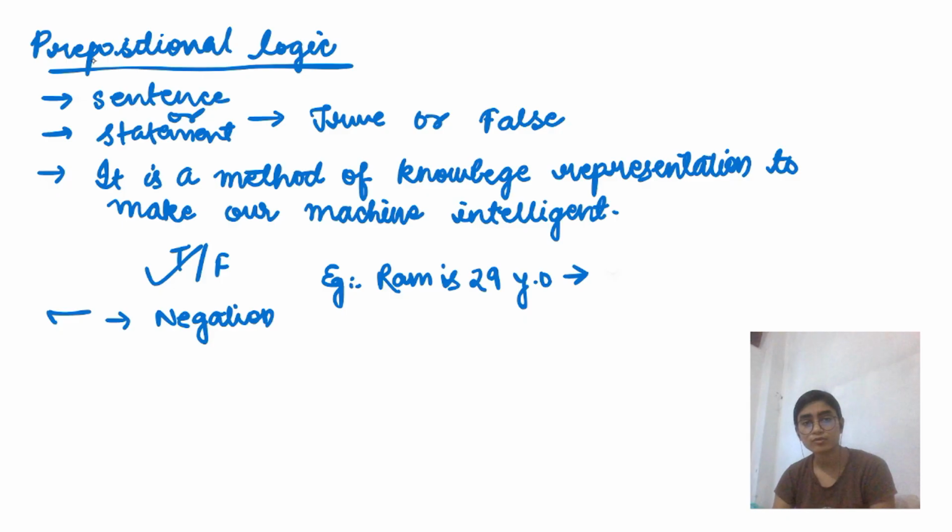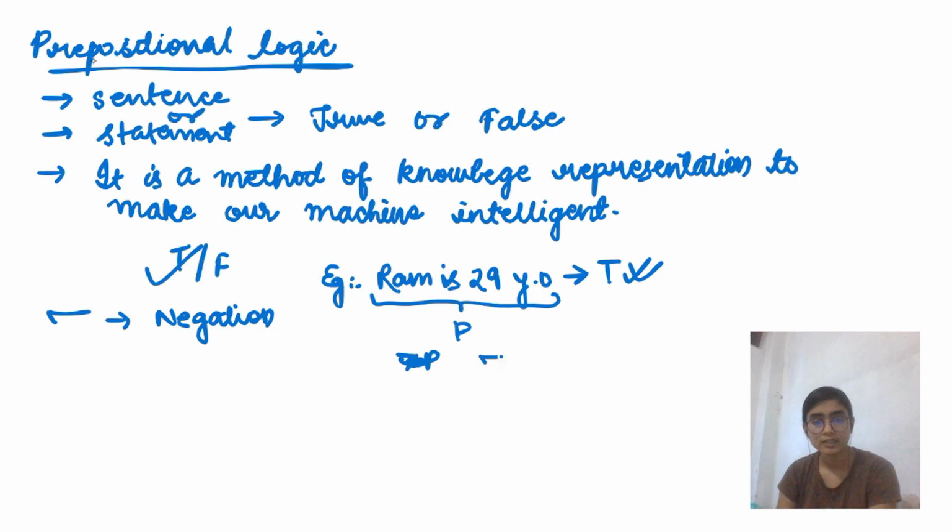So this can be true or false. Let's say it's true. So we will represent this whole sentence with a letter P. If I have to write that Ram is not 29 years old, then we can easily write negation P. And this means that Ram is not 29 years old. So this is the simple example of negation.